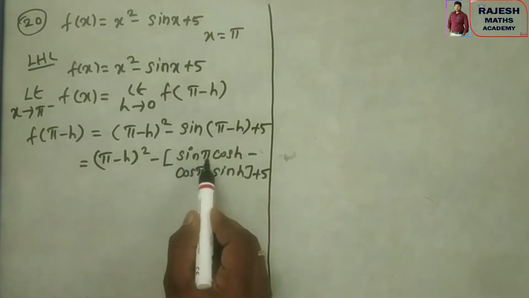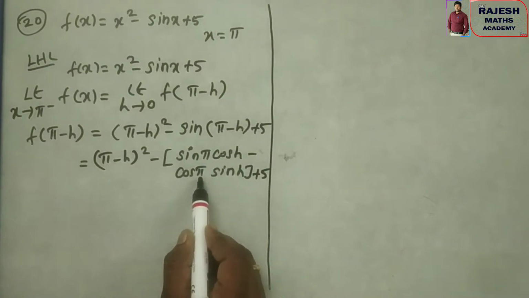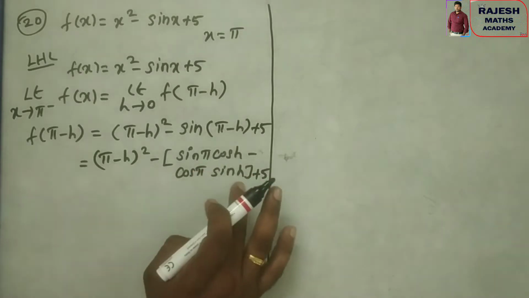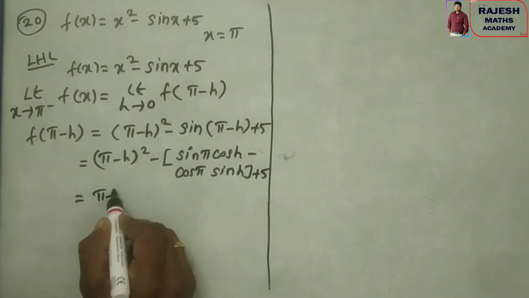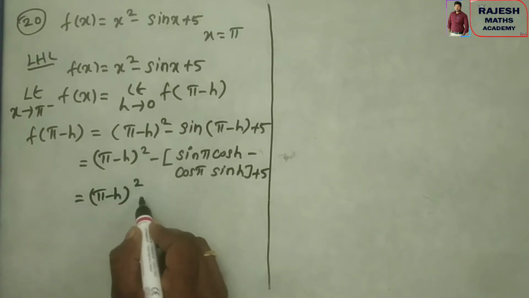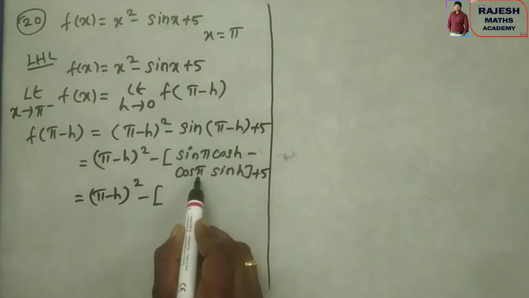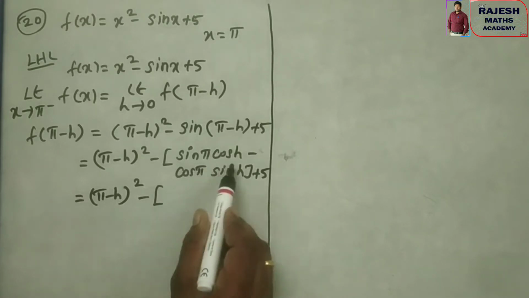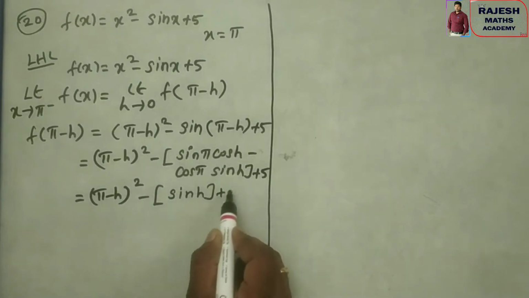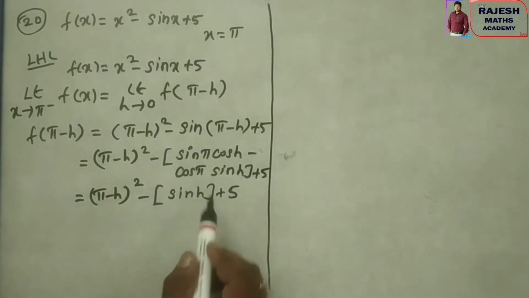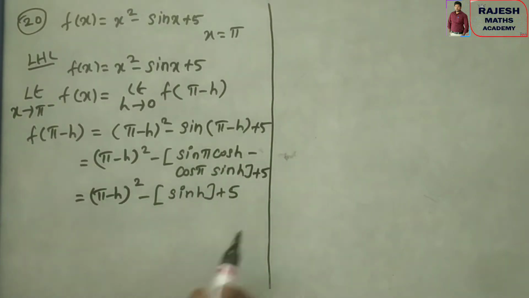Value of sin pi equal to 0, cos pi equal to minus 1, or we can keep it as it is and then apply the limit. So pi minus h whole square minus sin pi is 0, so this term will become 0, cos pi equal to minus 1, so this will be sin h, plus 5. Or one more method we can use, sin of 180 minus theta equals sin theta, that we can also use, both are equal.